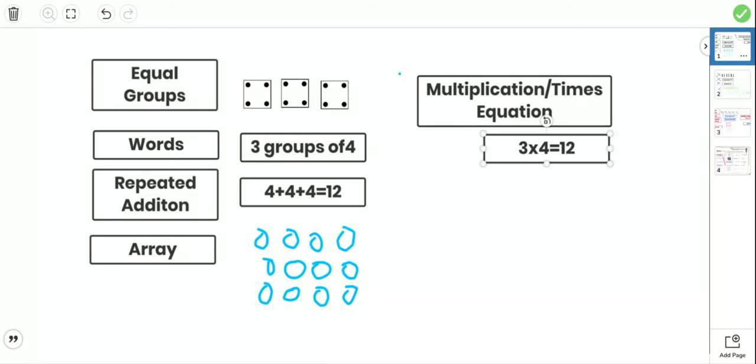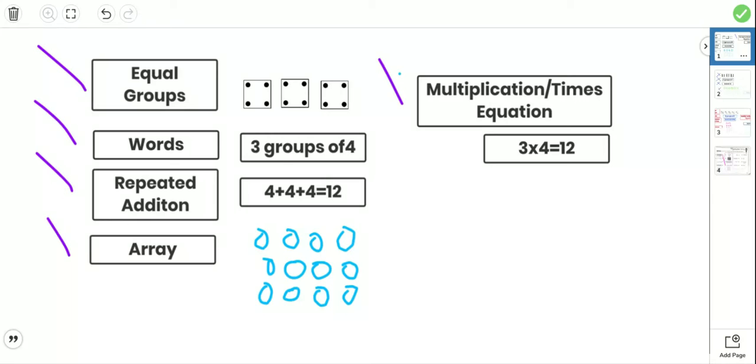I'm going to put this over here. So we have covered a lot of material, actually. And today I just want us to practice dealing with these different strategies: equal groups, words, repeated addition, arrays, and multiplication times equations. So I'm going to practice 2 more times.